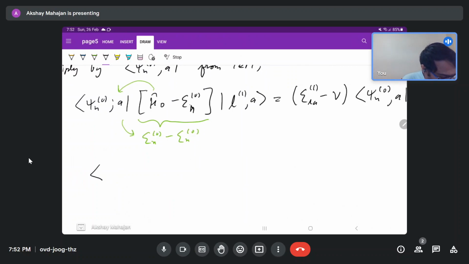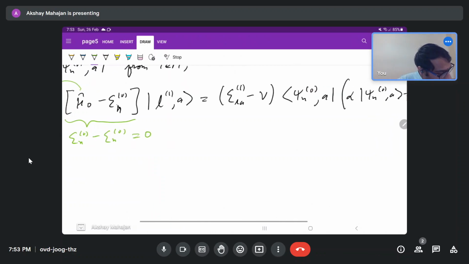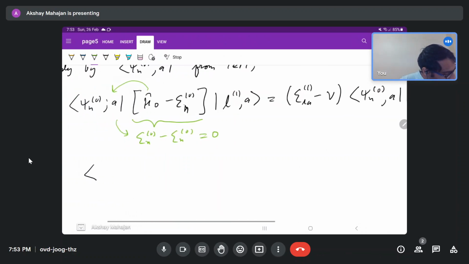So this term will be 0, because you can see this will be E n of 1 minus E inverse, so this will be equal to 0.